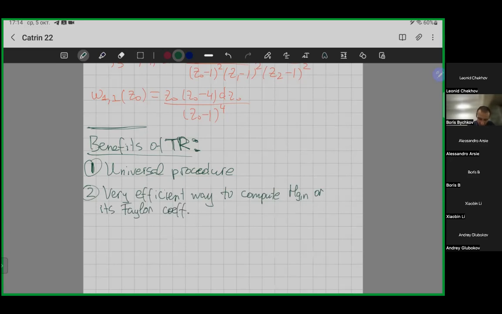And third, there is, of course, a connection with intersection theory on moduli spaces of curves.